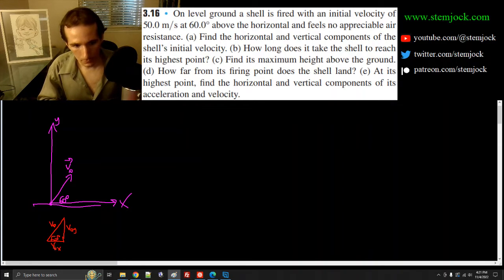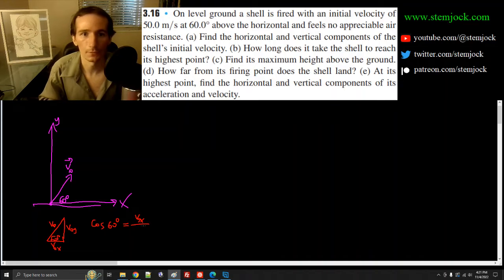To express v0x in terms of the angle and the hypotenuse, I take the cosine of 60 degrees. This is the ratio of the adjacent side, which is v0x, over the hypotenuse, which is v0, and that is 50 meters per second.